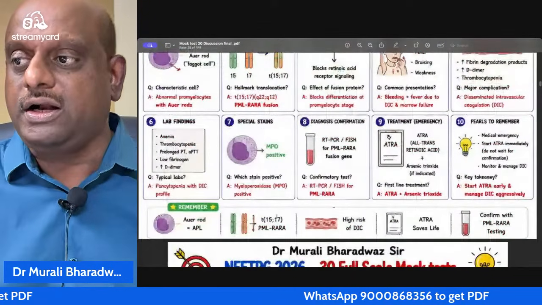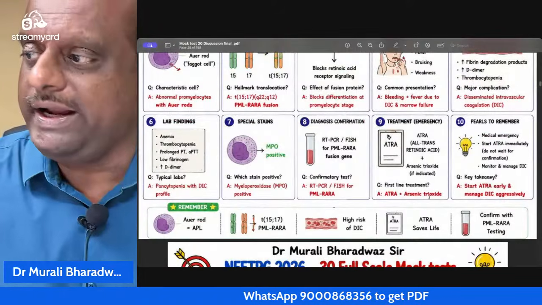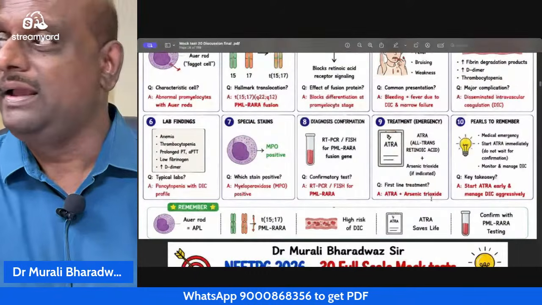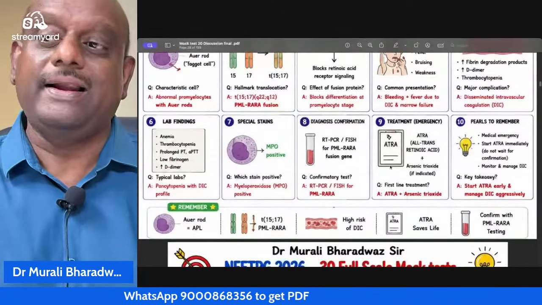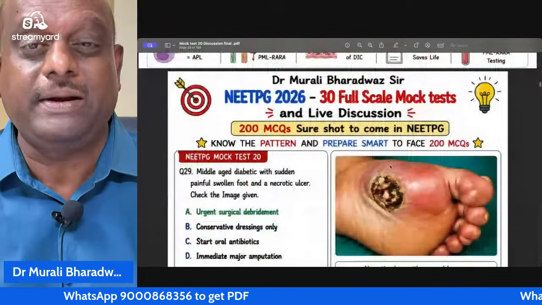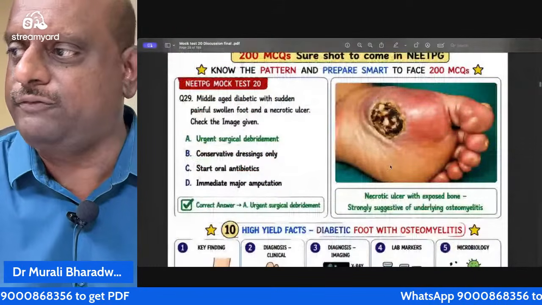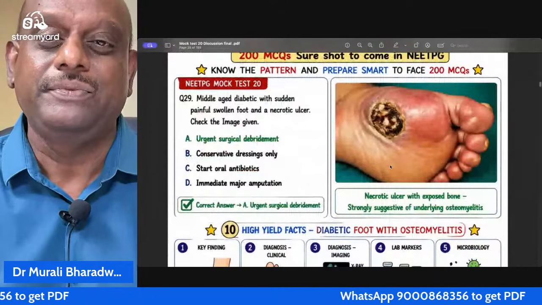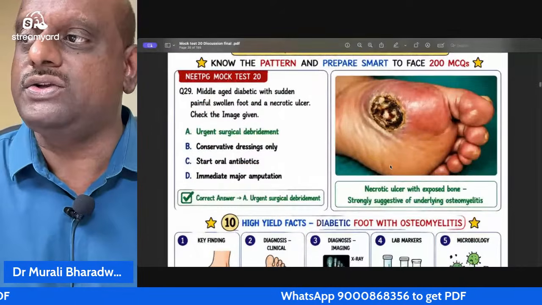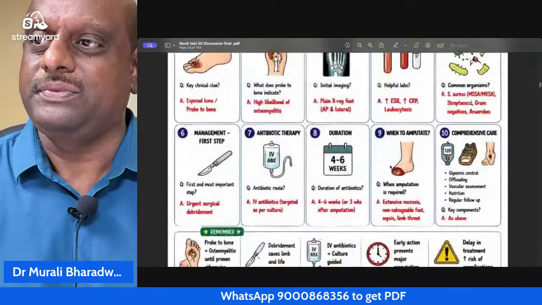And how do you treat, doctor? Arsenic trioxide and ATRA are considered very important in the treatment. A middle-aged diabetic with sudden painful swollen foot and necrotic ulcer requires urgent surgical debridement.